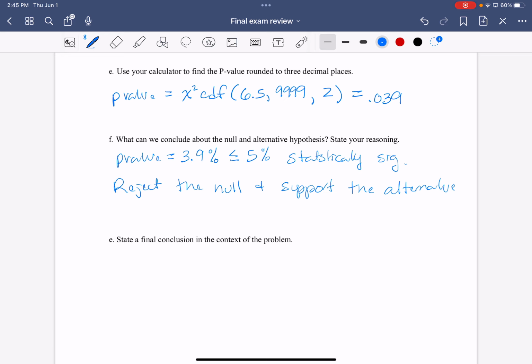Part G. State a final conclusion in the context of the problem.